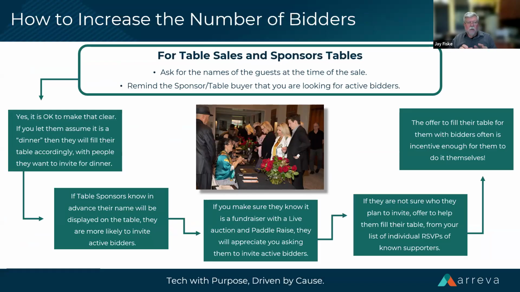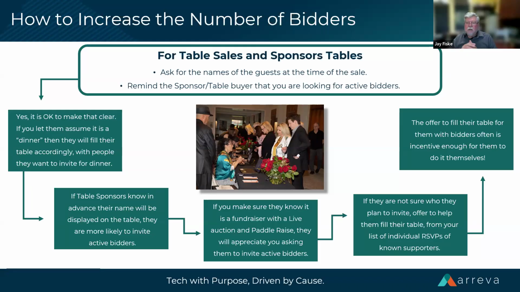It's okay to say we're looking for sponsors to reach out and fill their tables with active bidders, if you wouldn't mind. And it's okay if they know that. And again, as I mentioned before, we're going to put their name on the table. Visibility is a great motivator, right? They're going to be highly visible. That's a good motivator for them to do the right thing.